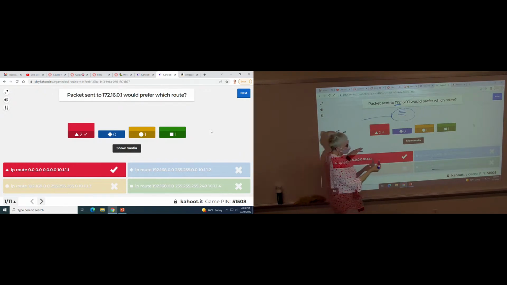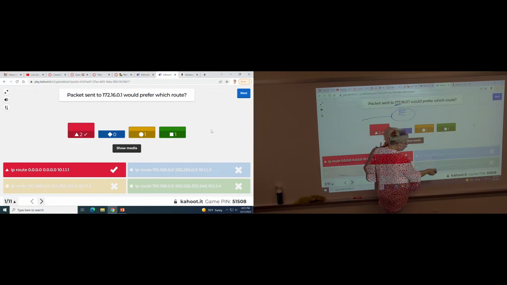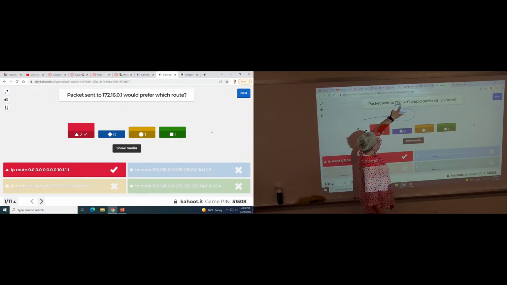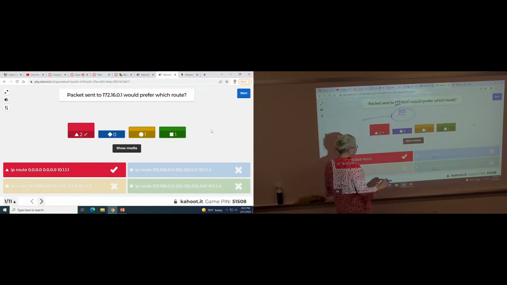So it can't be the 192, so none of the 192s work for this because it's trying to get to a 172.16.0.1. So if you don't even see the prefix, like that very beginning octet, then the next thing you've got to do is you have to look for a what? A default static route, right?